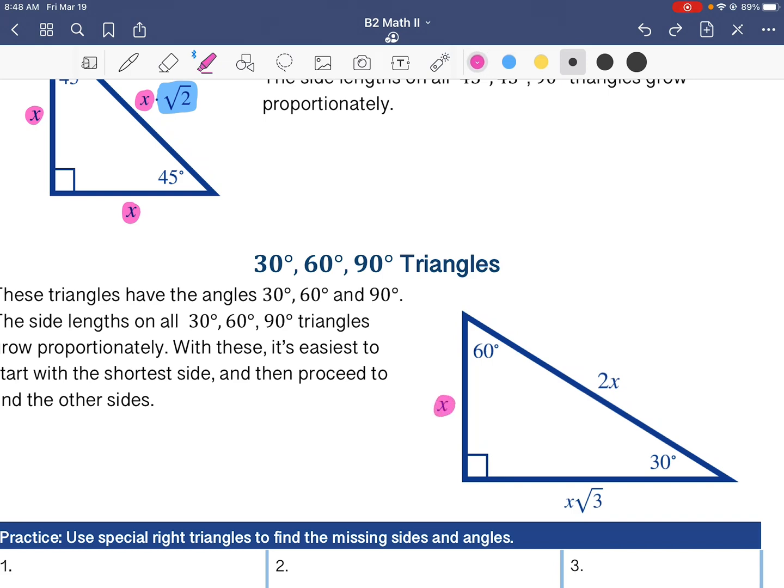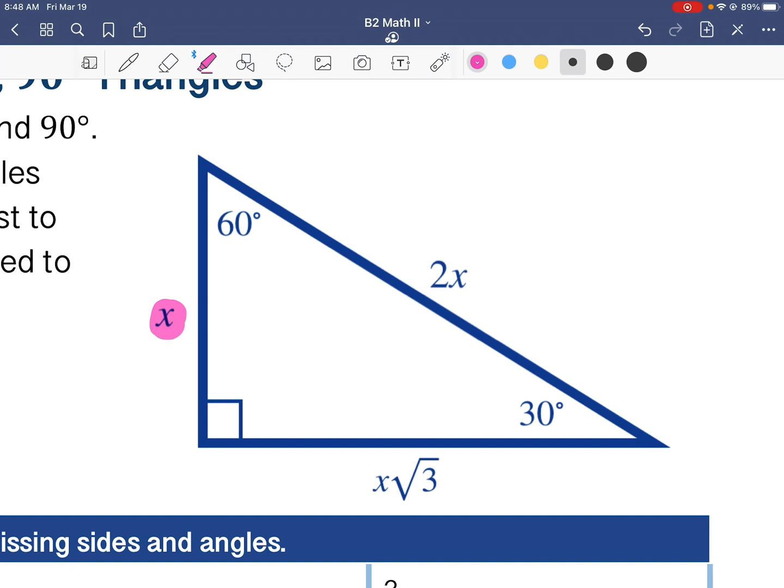The shortest side we've labeled x here. And then from that side, you can get both of these other sides. For the hypotenuse, you multiply by 2 to get that long side. And then this one is weird, but you multiply it by the square root of 3.